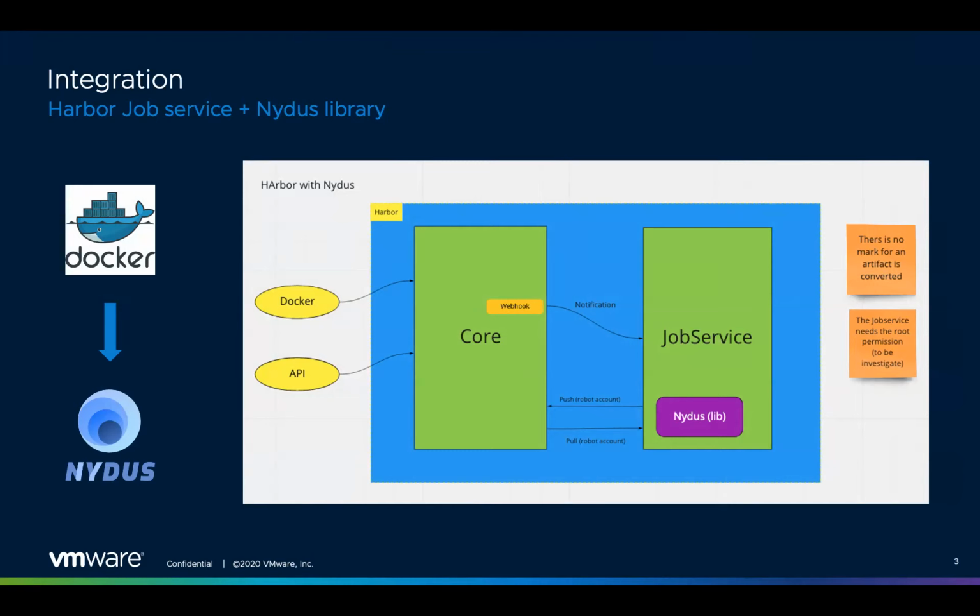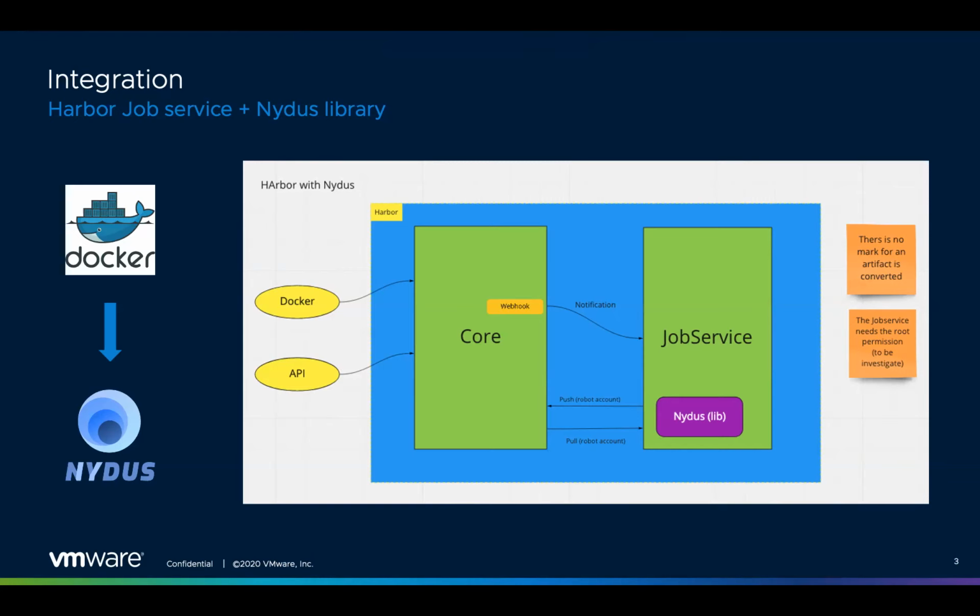The basic idea is to leverage the Harbor job service capacity. The general workflow is: when a user pushes an image into Harbor, once it is done, Harbor core sends a notification to the job service, and then the job service triggers a convert job in the backend to convert the incoming image and push it back to Harbor core to finish the workflow.